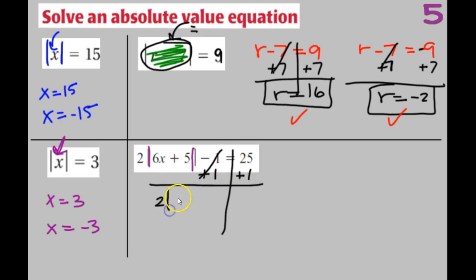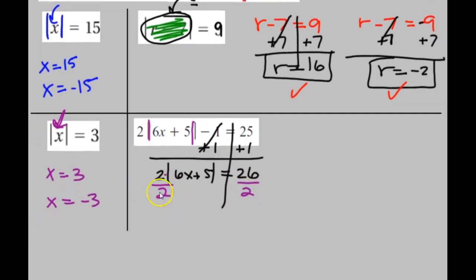So I have 2, absolute value of 6x plus 5 equal to 26. Then the opposite of multiplying by 2 is dividing by 2. So those eliminate. Remember, you can't distribute with absolute value. These are solid straight lines. We have 6x plus 5.